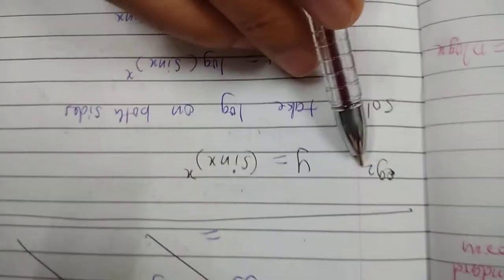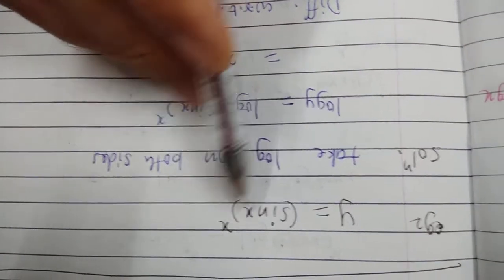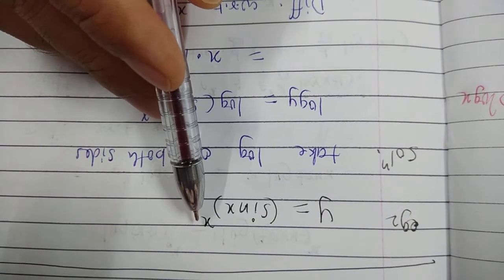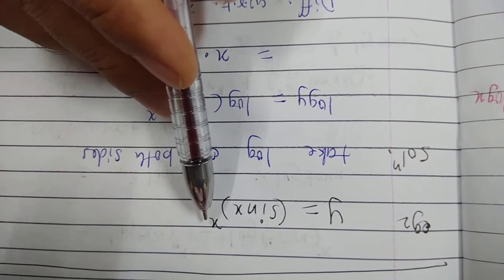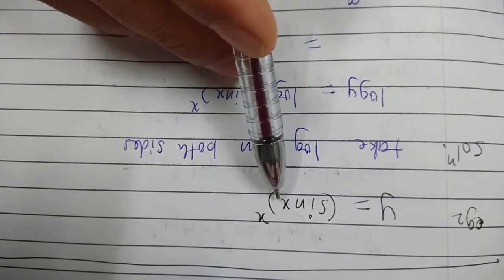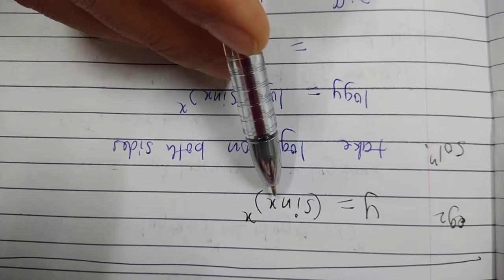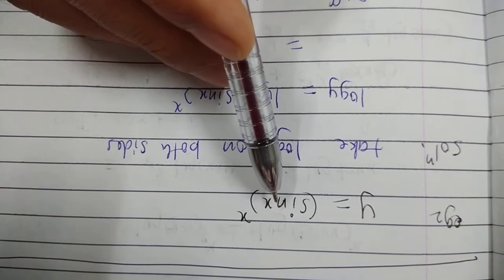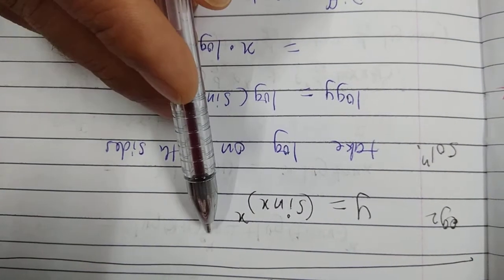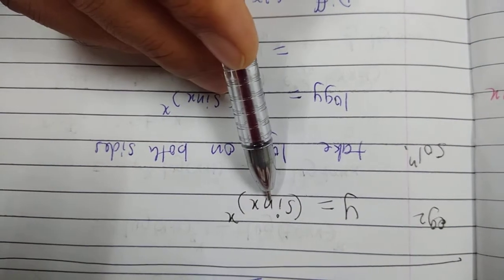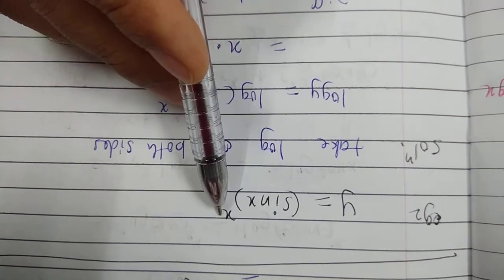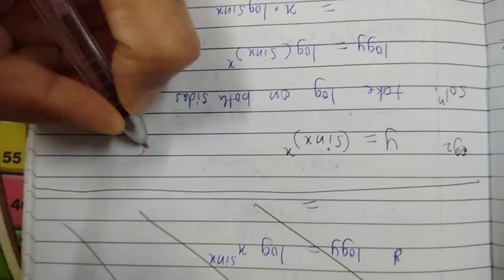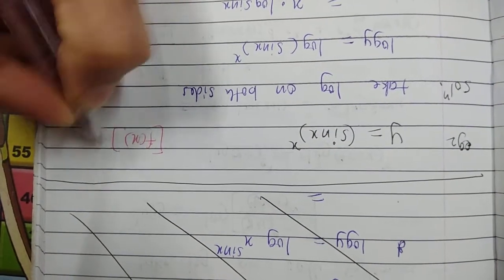Our second example is y equal to sin x raised to x. So this example is not very much similar to the previous problem. The same thing is there, there is a term of x in the power as well as in the base, but this is not x raised to x, this is of f of x raised to x form.